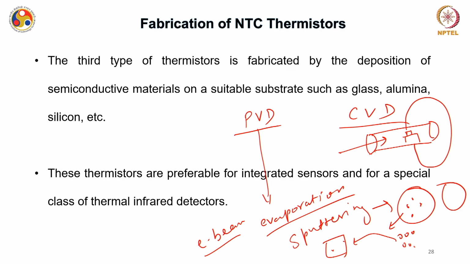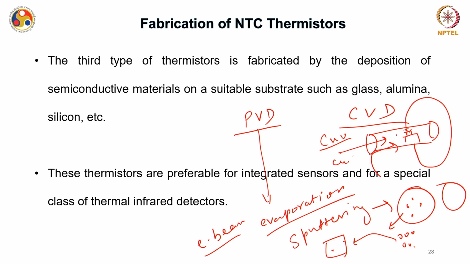Say for example, if you want to deposit copper oxide, you bring a certain precursor for copper, and then you introduce oxygen or any other source of oxygen, and they react and form copper oxide and get deposited. So, here a basic chemical reaction is happening, and that is what we call CVD. Of course, PVD and CVD are a class of fabrication technologies, and you can study this more in certain fabrication courses, but this is how they are deposited.